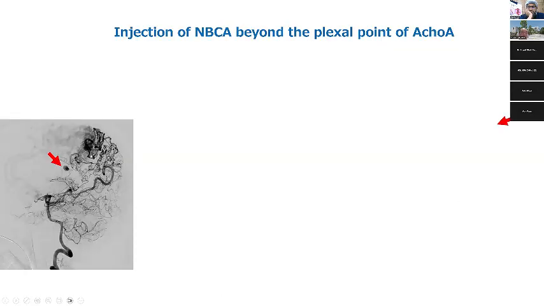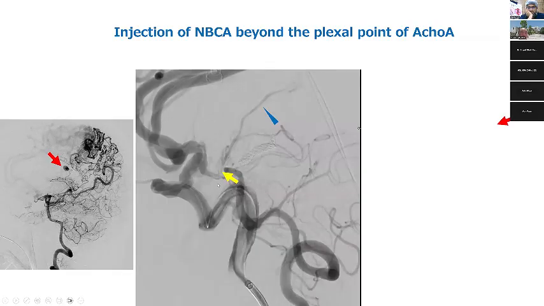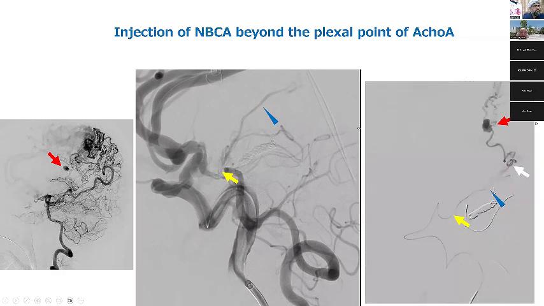This case is a parietal lobe arteriovenous malformation with a large varix, or a large aneurysm here, which is supplied by the posterior choroidal artery, but it is also supplied from the anterior choroidal artery. In this case, this is the internal carotid artery, and this is the anterior choroidal artery, and it gives branches to the aneurysm.